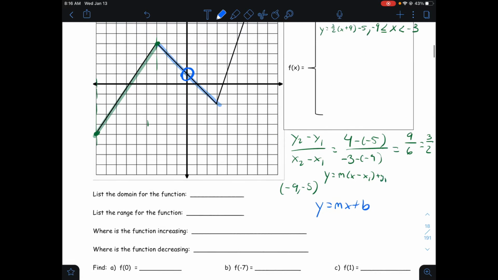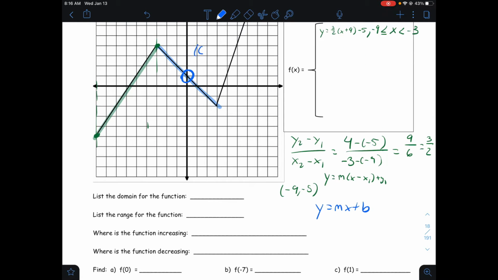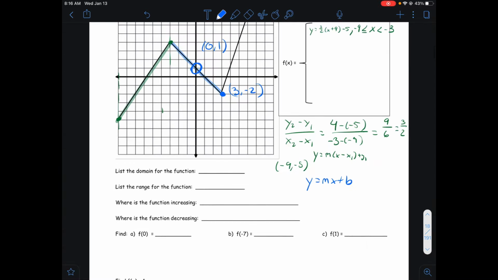The y-intercept here is 1, and then all we need to do is come up with the slope. So let's pick 2 points. We can use (0, 1), and let's use this point here, (3, -2). Let's find the slope between these 2 points using y2 minus y1 all over x2 minus x1.